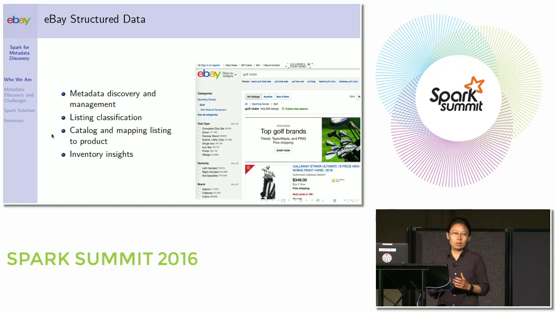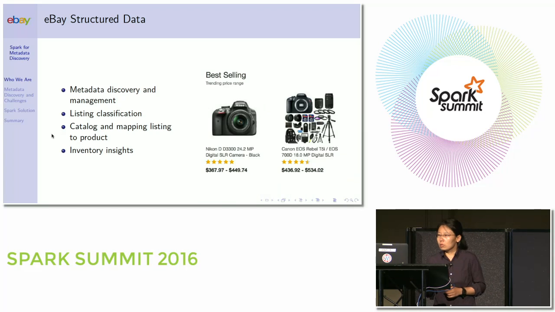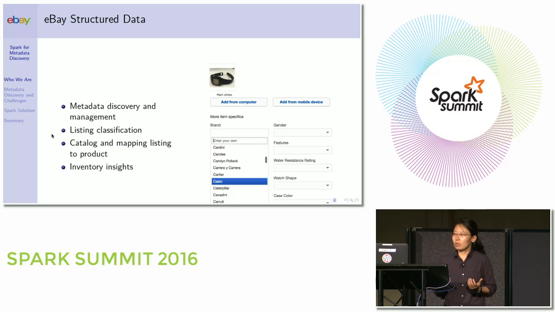These are the important name value pairs that relate to the recalled listings. Also, if you want to sell something on eBay, you will have a lot of interactions with metadata. These item specifics are also generated based on our metadata system, and we also provide those recommendations.